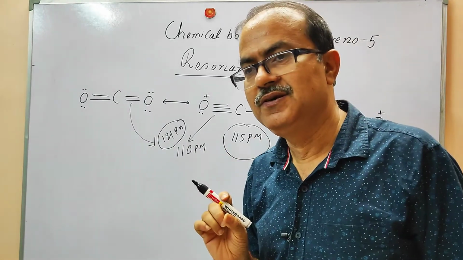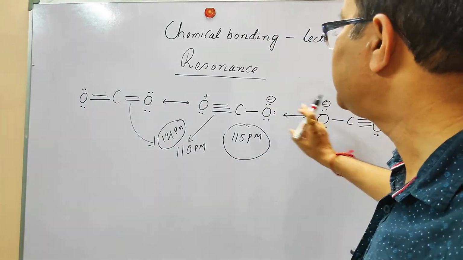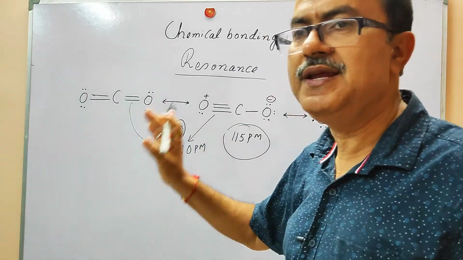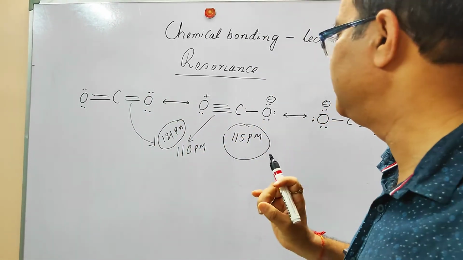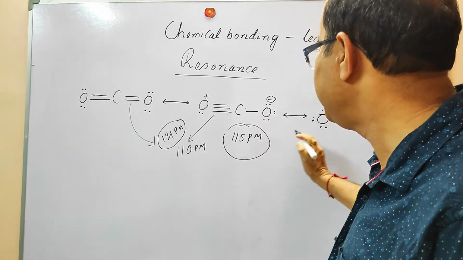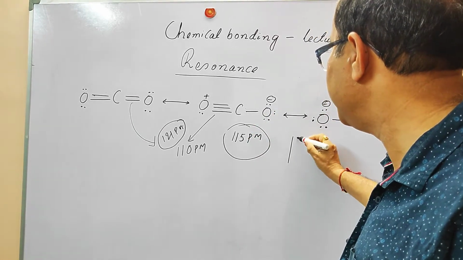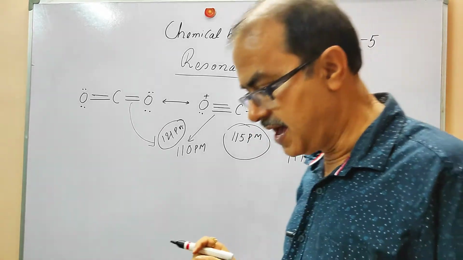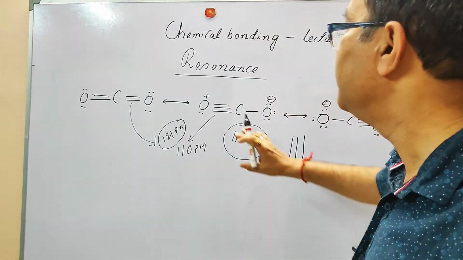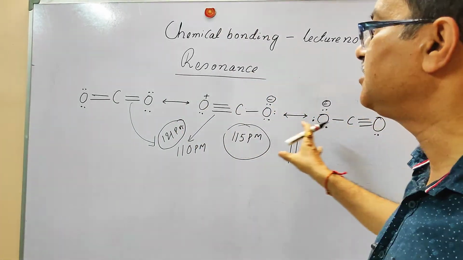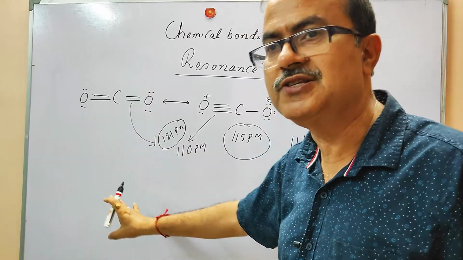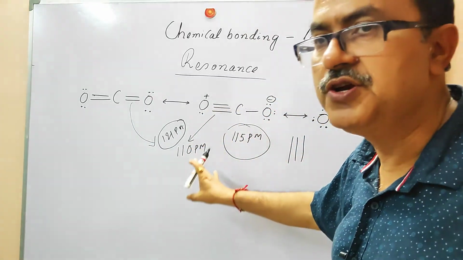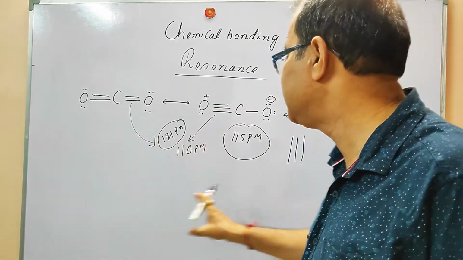That means these Lewis structures could not explain the actual bond length, and it will be explained by the resonance hybrid structure, which is in between all those structures, and they are basically contributing structures, or we can say resonating structures, or canonical structures.